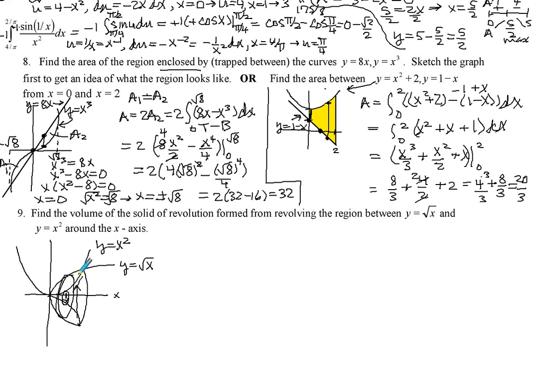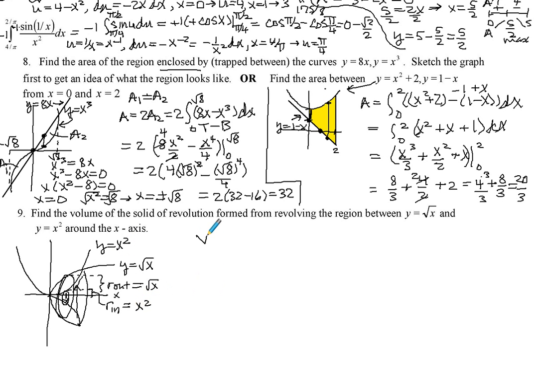So right here your outer radius is on the function root x, and then in here your inner radius across here, and it's radius from the x-axis. Your inner radius is going to be touching on y equal x squared, so inner radius is x squared.